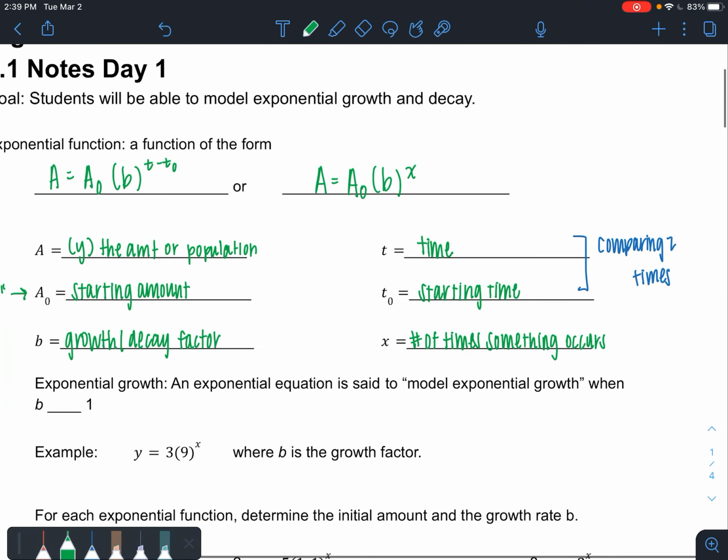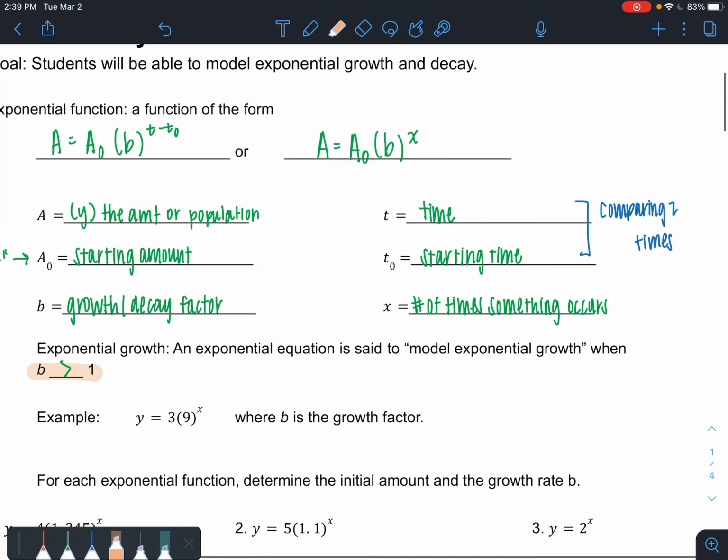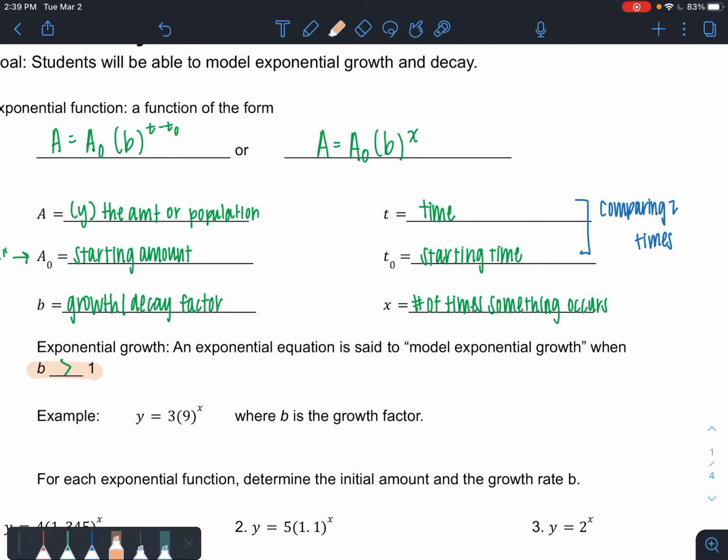All right, and then exponential growth is going to be when B is greater than 1. So here, if I have this B value right here is 9, therefore, because 9 is greater than 1, it's growing.